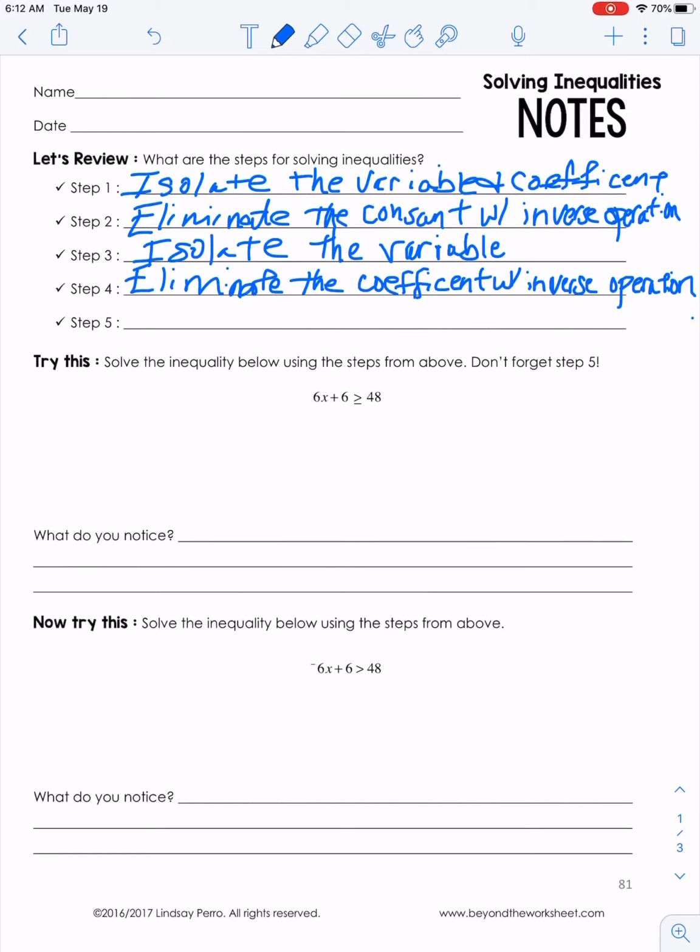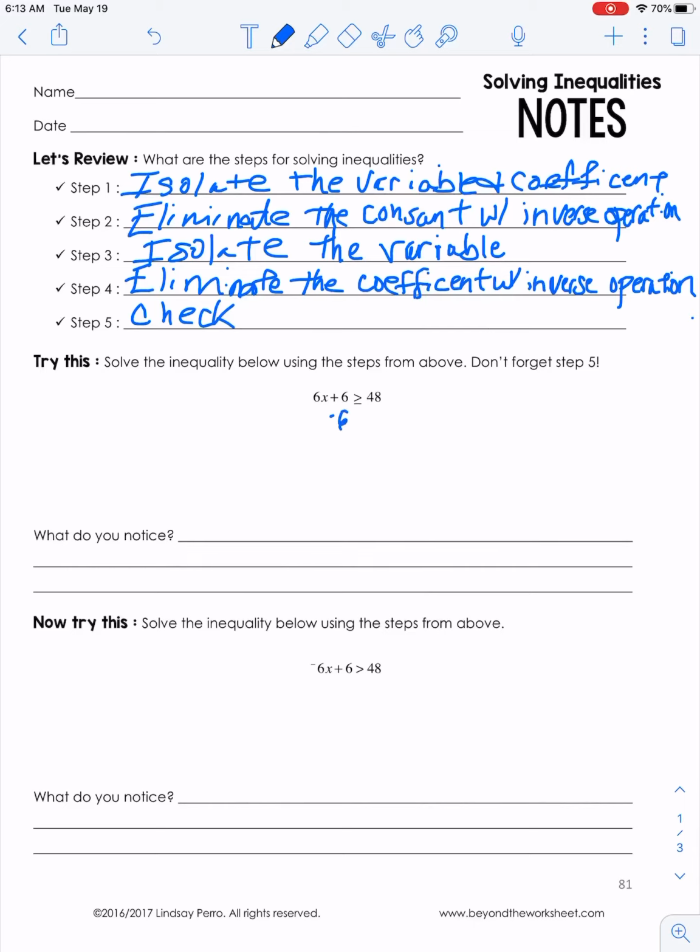Then you can check your answer, and you check your answer just the same way. You substitute it back in for the variable. So let's try this one together. We have 6x plus 6 is greater than or equal to 48.